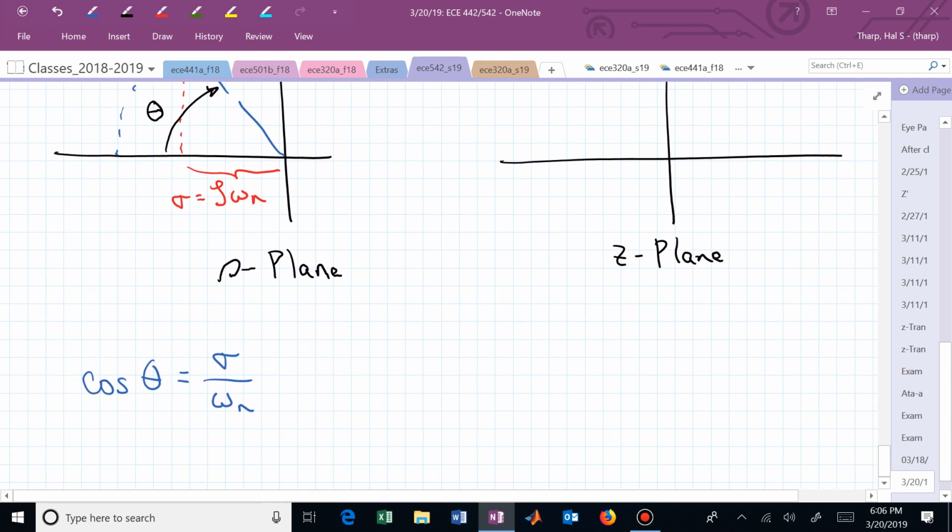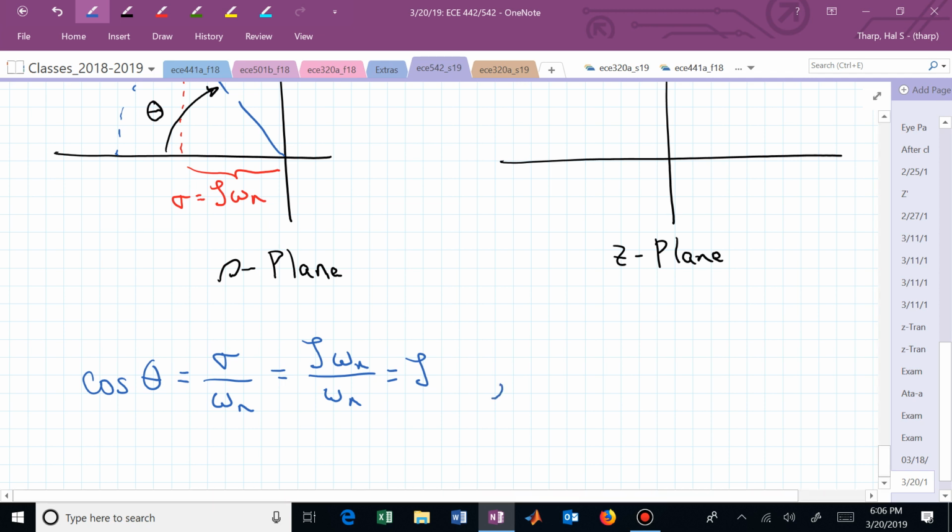But sigma is also zeta omega sub n over omega sub n, or that's zeta. So if I fix the angle theta, do you see immediately that I fixed the damping ratio? You give me a theta, and I can give you the damping ratio. I can just take the cosine of theta. Or if somebody gives me the damping ratio, you can do the inverse.